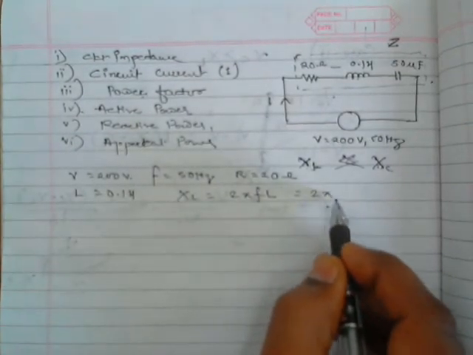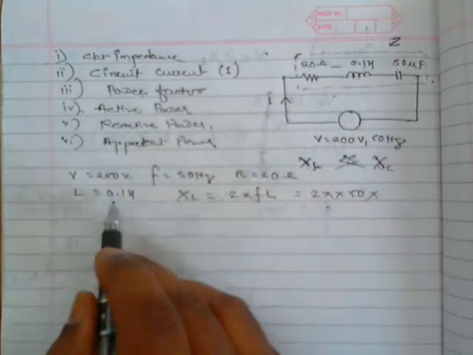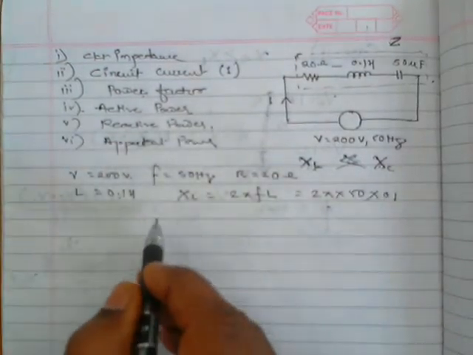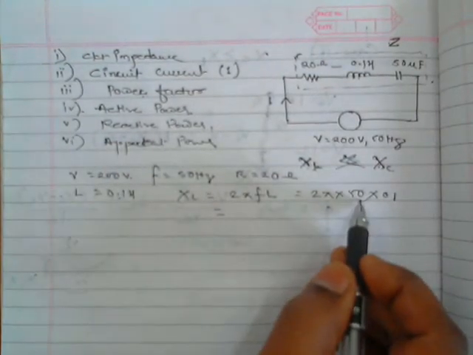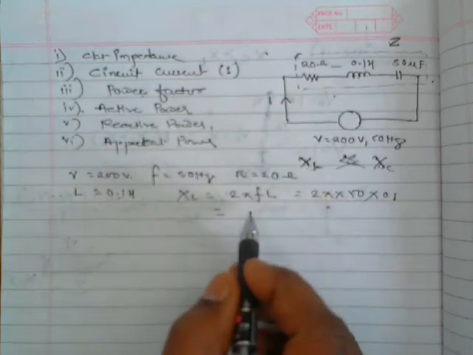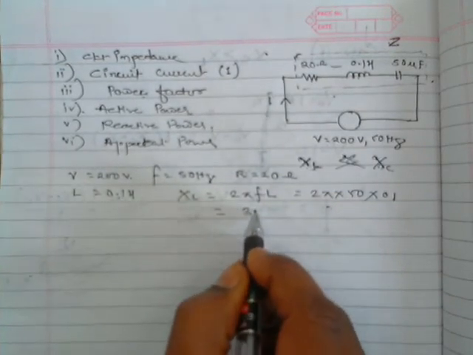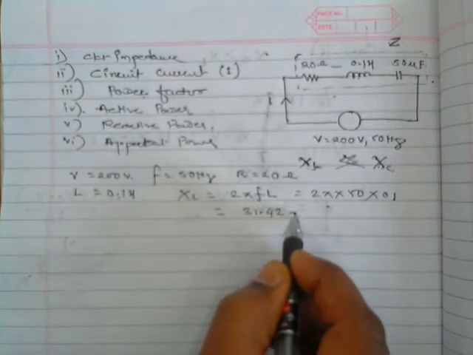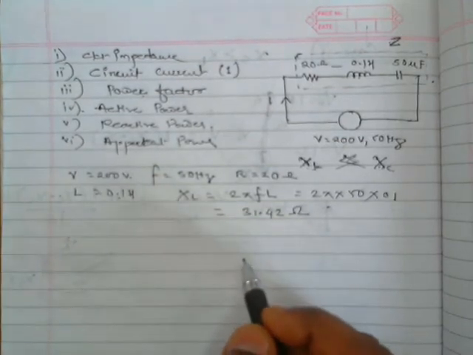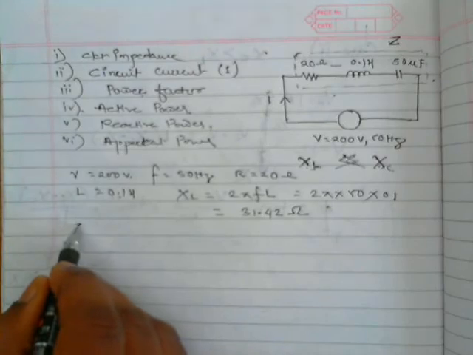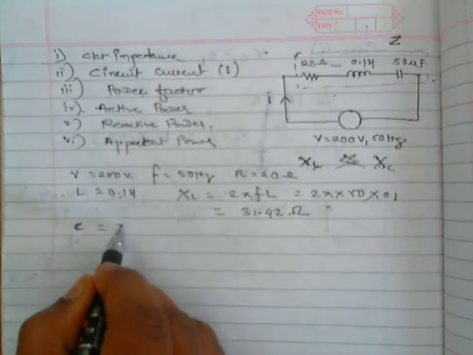Substitute 2 pi, frequency 50, L is 0.1. If you solve this, you will get XL as 31.42 ohm.